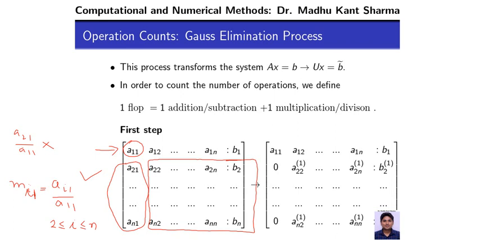So that's the first step. How many divisions are there here? There are n minus 1 divisions. Let's go to the next slide.